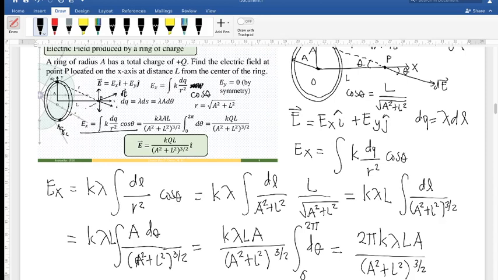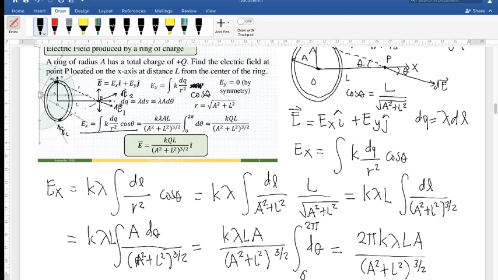Then we can take this dE as dE2 and dE1, that is from dq1. Each has a contribution along x and a contribution along y. Since your origin is in the center, we can conclude that the contribution to your Ey just cancels out anywhere on the circle.